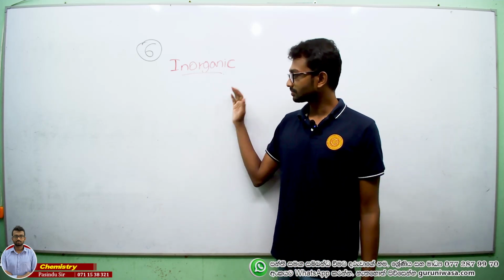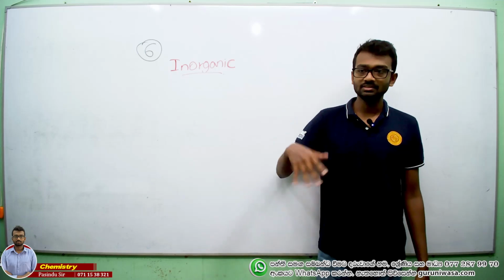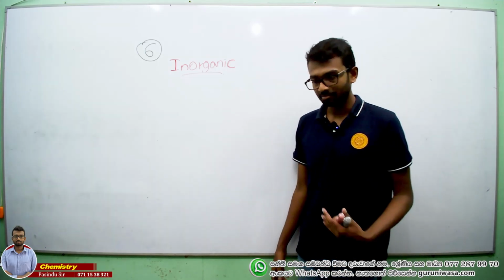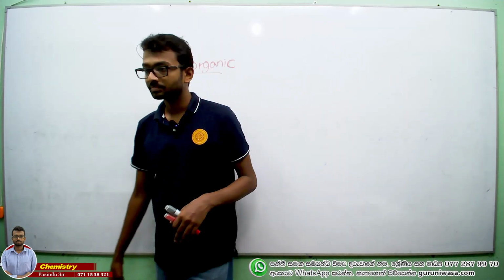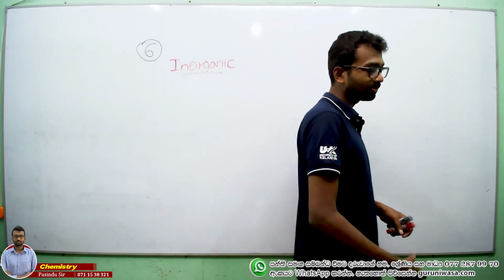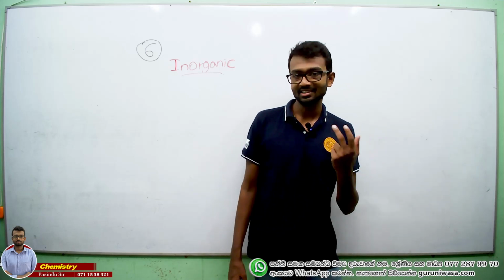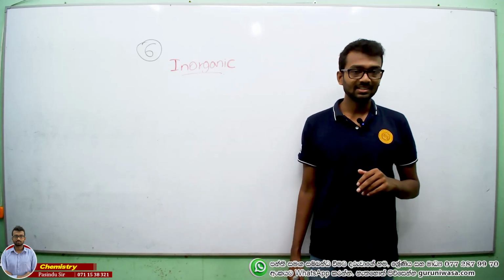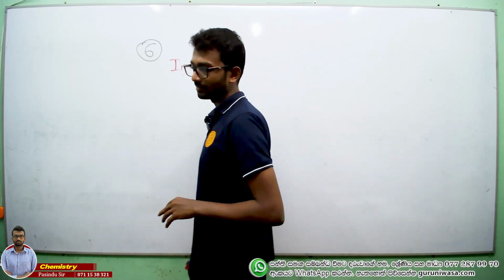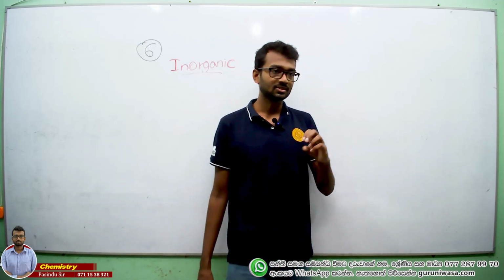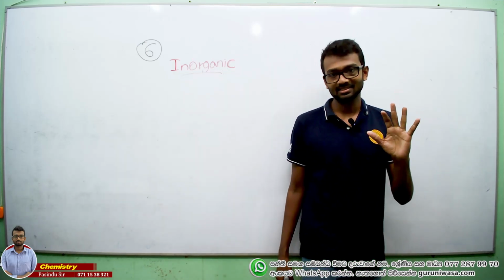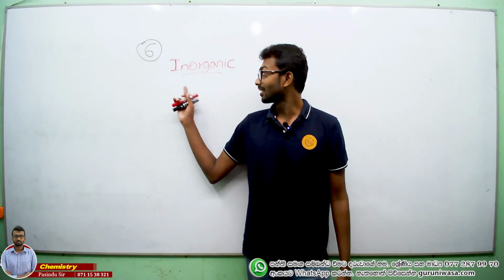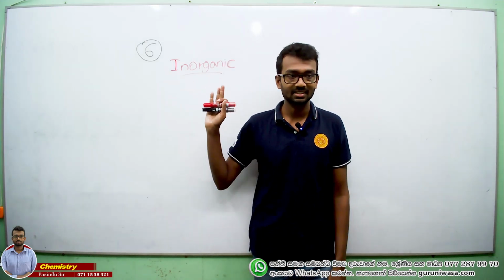But here this is about the other type of compounds. There are some inorganic compounds which have carbon, hydrogen and oxygen, but those are exceptions. Generally that kind of compound comes under organic chemistry, and the remaining compounds are under inorganic. What are the examples?